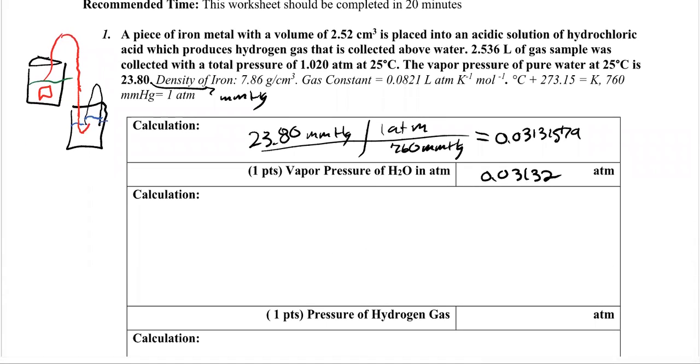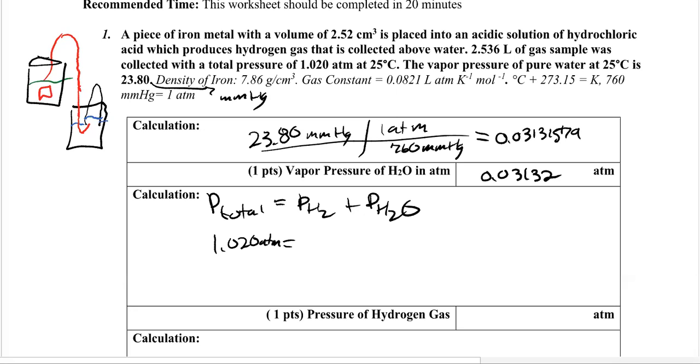Going to the next one, we can find the pressure of just the hydrogen gas. We know that the total pressure is made up of my hydrogen gas, but also of the water that's captured above that solution. The total pressure is 1.020 ATM. We're looking for the pressure of the hydrogen, and we can take our pressure of water from above and place that there.